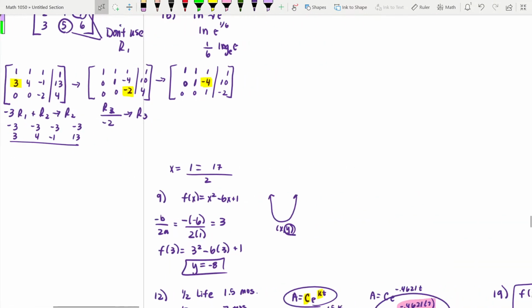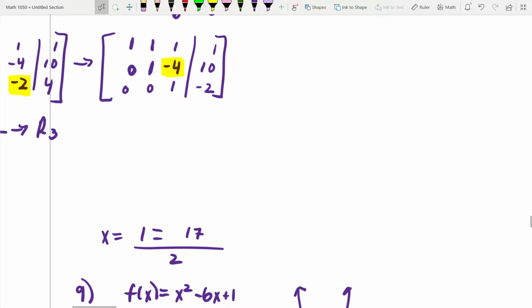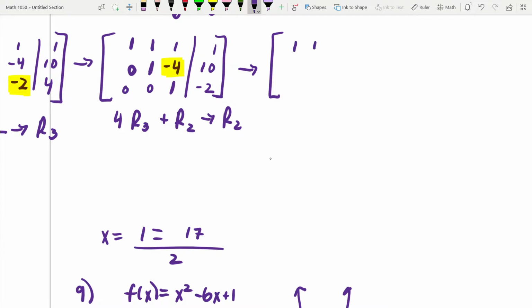Sorry. Okay, so it's fine because I can do this easily by just turning that guy into a 4. So I'm going to go 4 times row 3 plus row 2 becomes my new row 2. So row 1 doesn't change. Row 3 doesn't change.